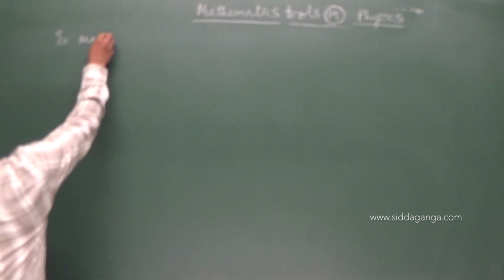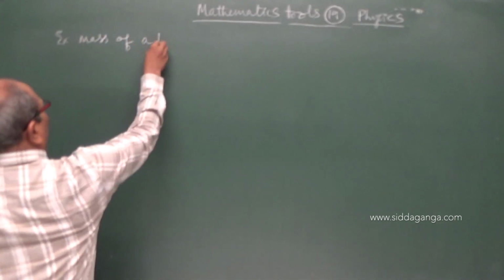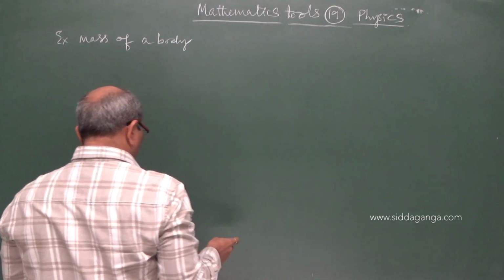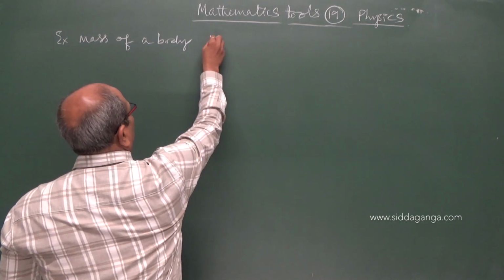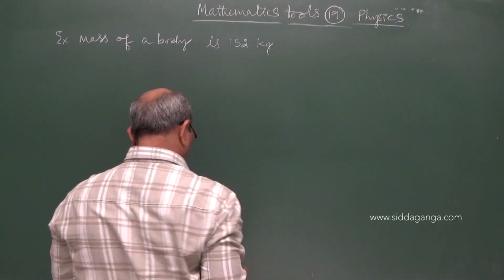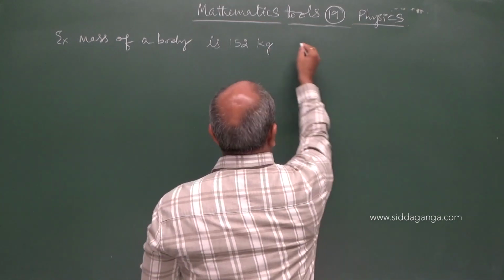Let us take an example. Mass of a body is 152 kg. It is in motion.